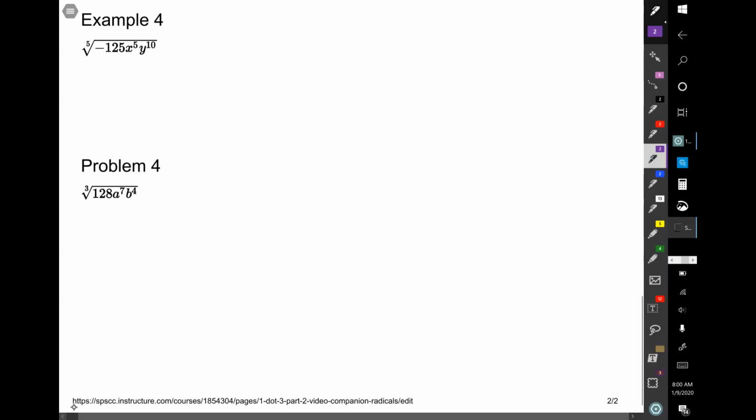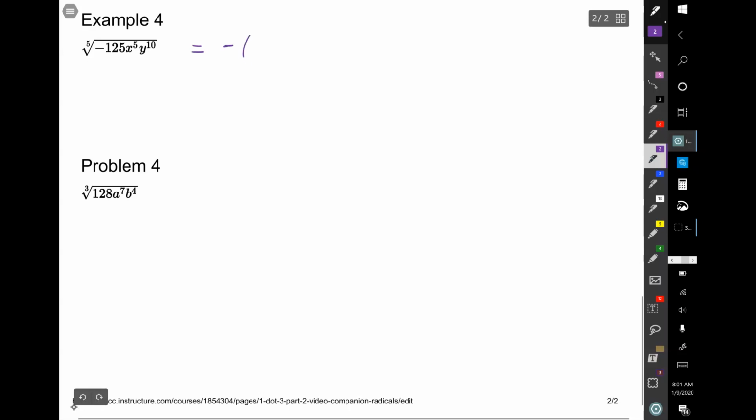So on this one, the first thing we want to do is just pull that negative out, because we know our answer with an odd index is going to be negative. And then we can go ahead and put our 125, x to the 5th, y to the 10th, raised to the 1/5.